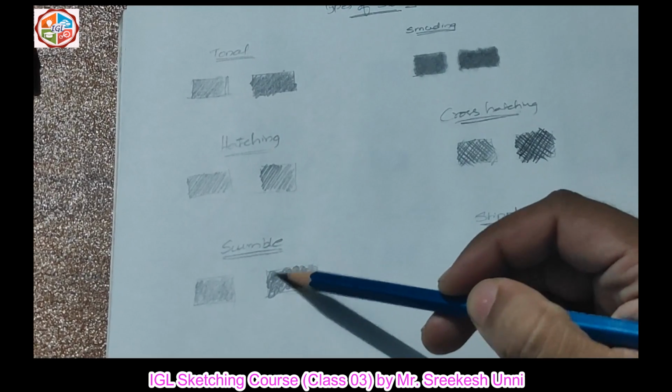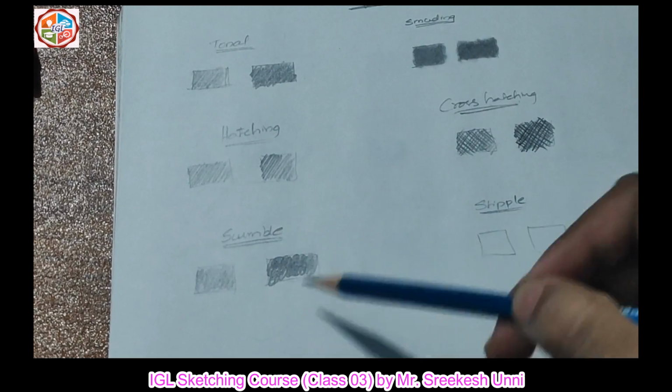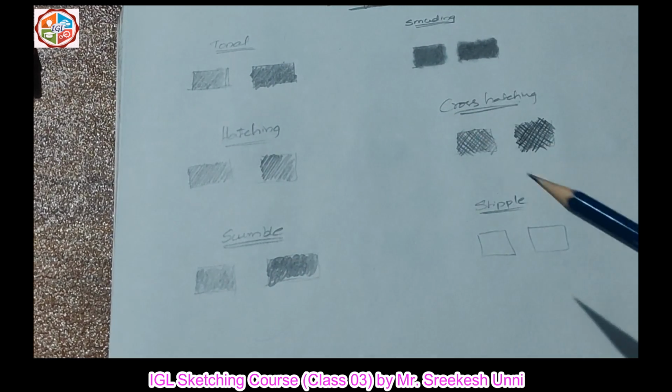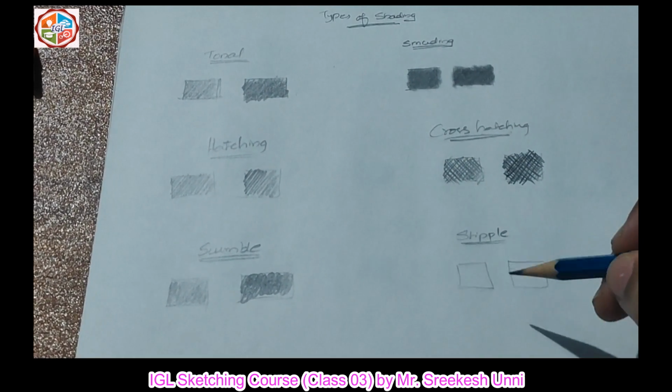So you keep moving your pencil like this. So that is one type of shading. It's called scumble.